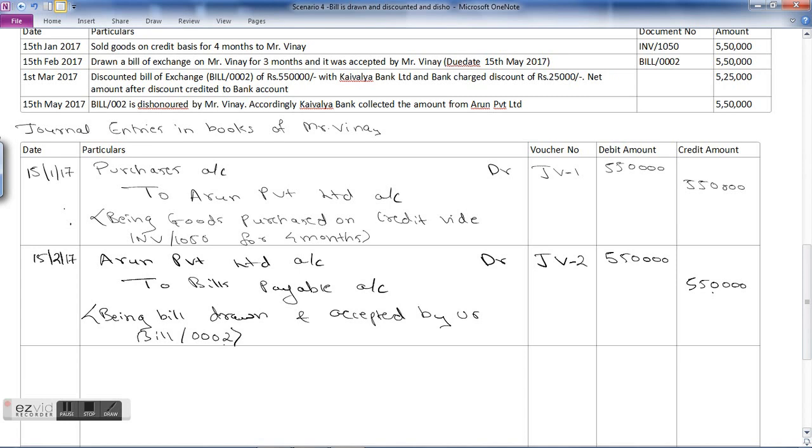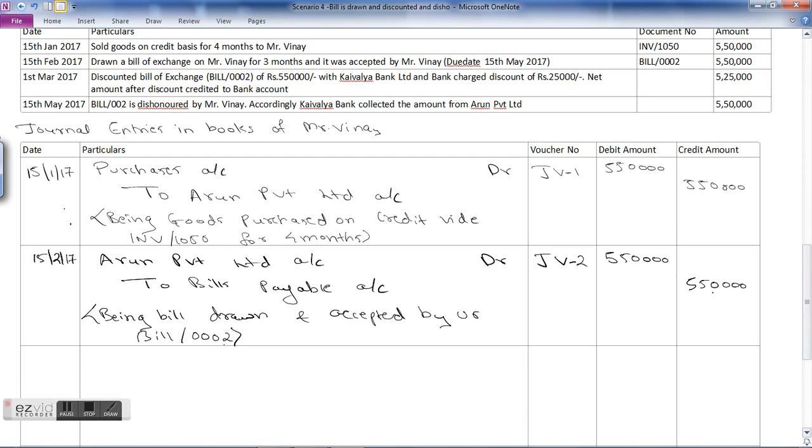On 1st March 2017, Arun Private Limited has discounted a bill of exchange of 5,50,000 with Kaivalya Bank. Bank charged a discount of 25,000 and net amount after discount is credited to bank account. That bank account means bank account of Arun Private Limited.